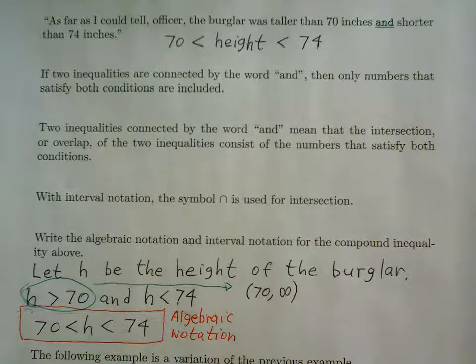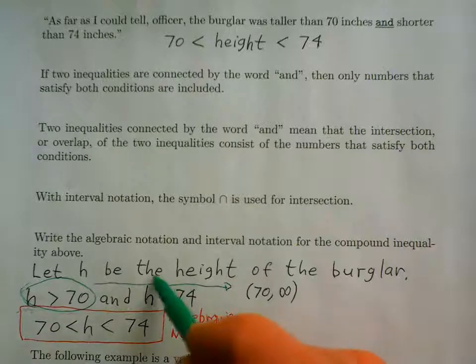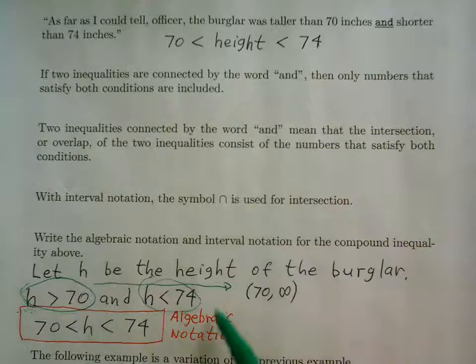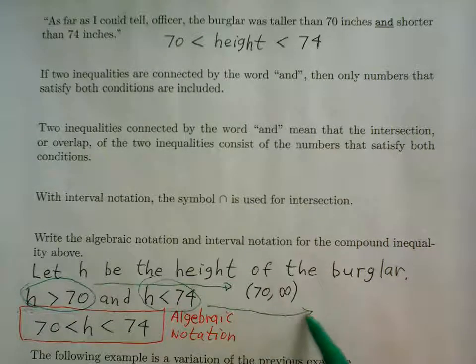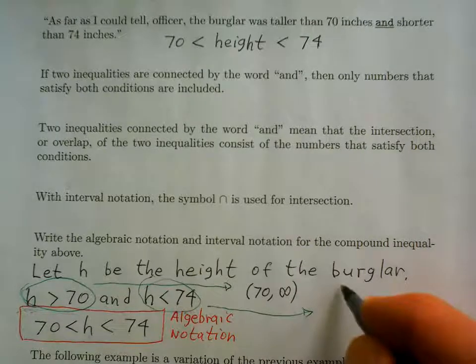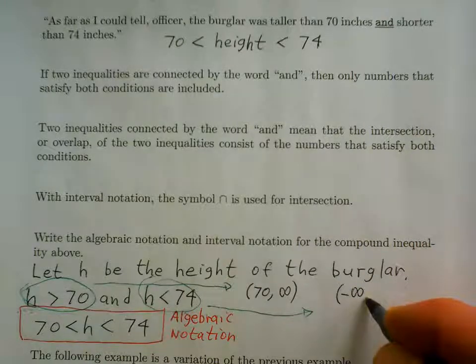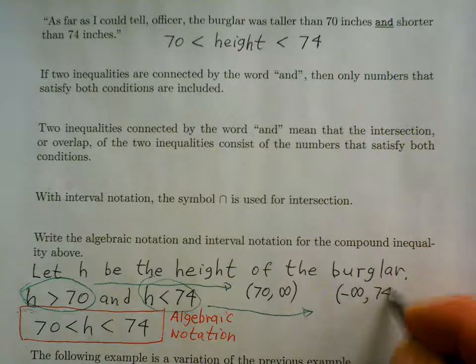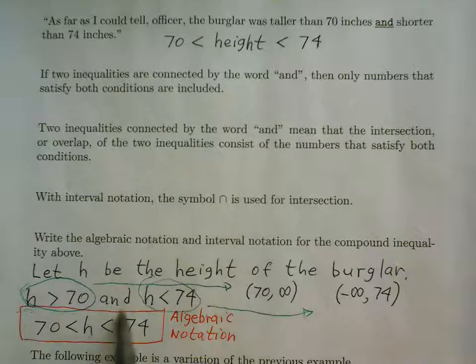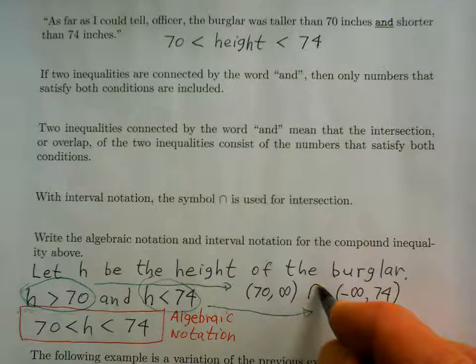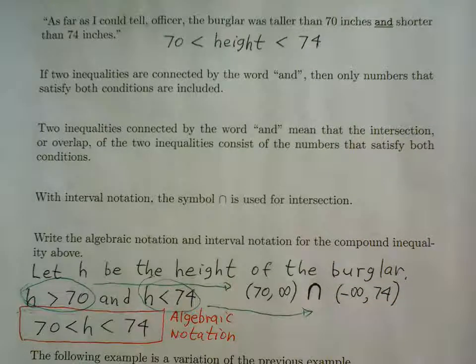The interval notation for h is less than 74: if h is less than 74, then negative infinity, comma 74. And for the word and, we use the intersection symbol, the cap.